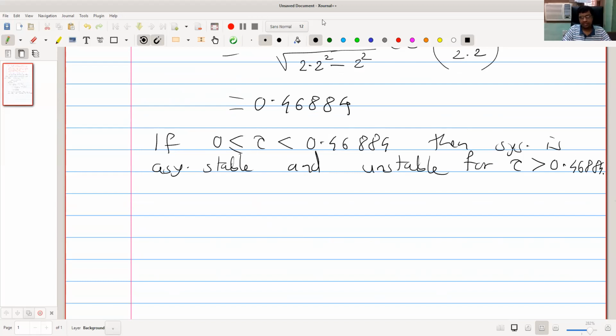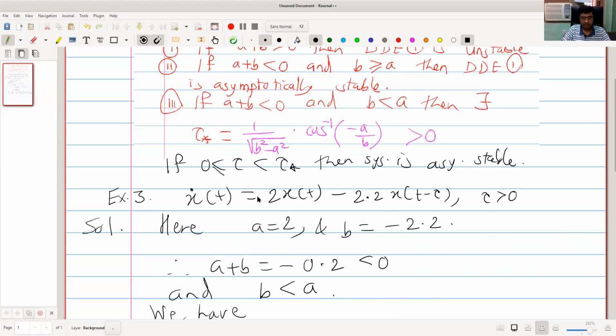Let us see. Our example is x dot equal to 2x minus 2.2 x of t minus tau.